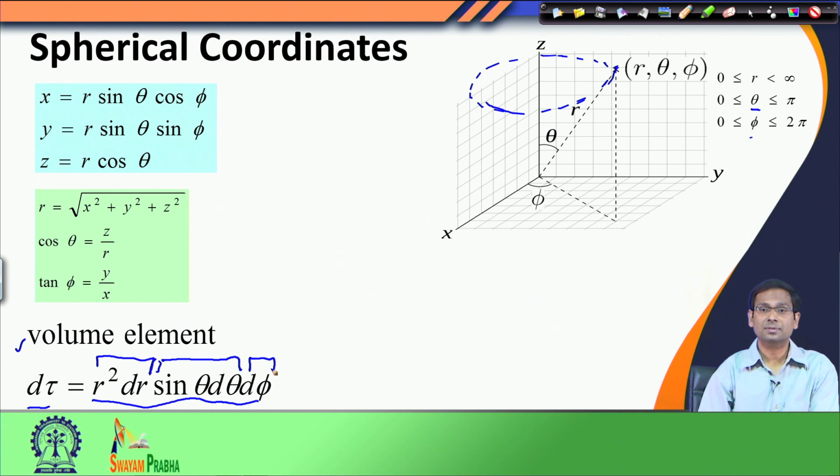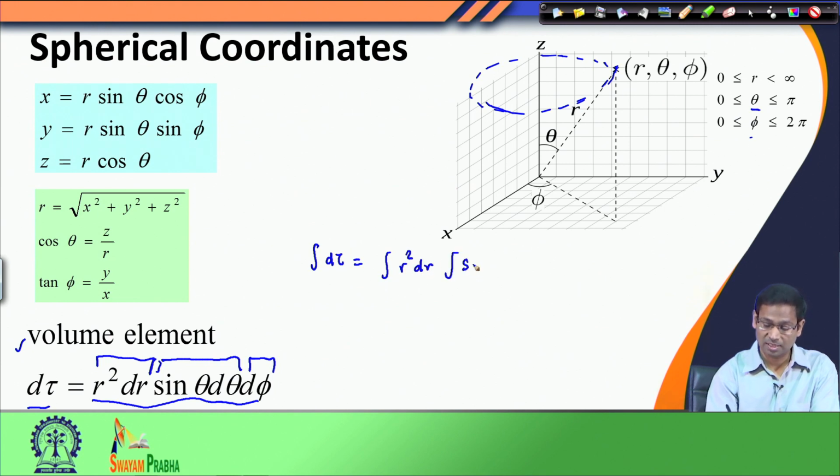We would actually try to integrate this volume element in the available space. What we want to do is integrate this d tau over all space. So, I know that I have 3 different integrals to take care of. I have r square dr, the second one is sin theta d theta, third one is d phi.